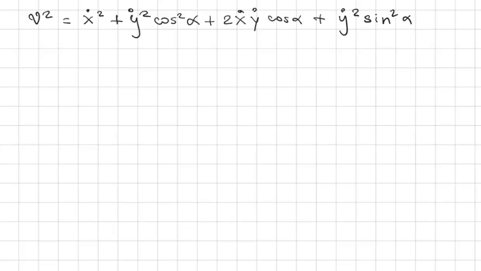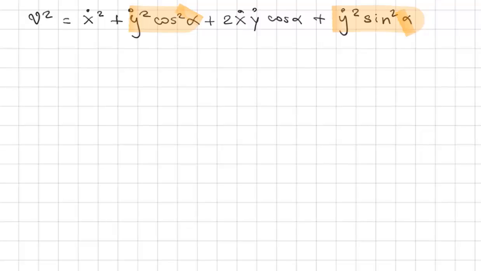What I did is I replaced Vx squared and Vy squared into the formula for v squared. I'm going to highlight y dot squared cosine squared of alpha and y dot squared sine squared of alpha, because they are similar.